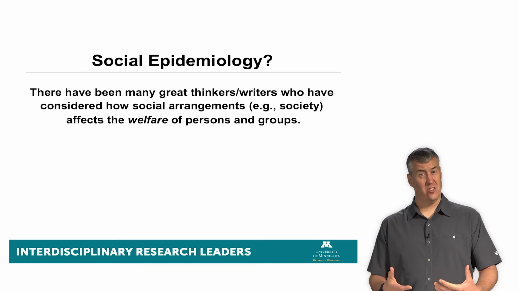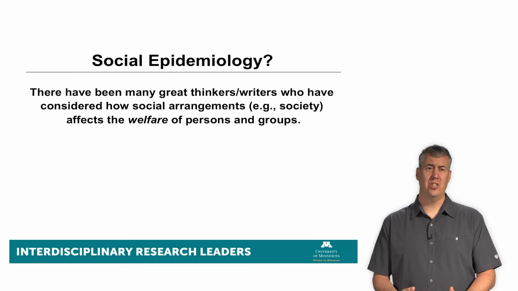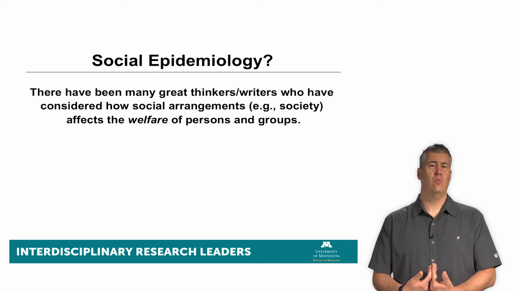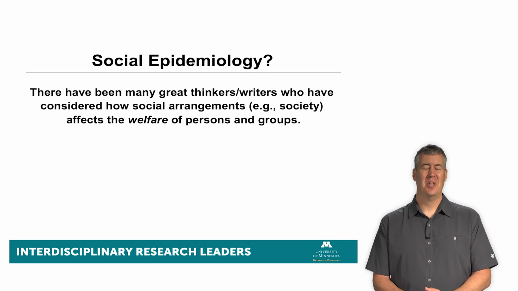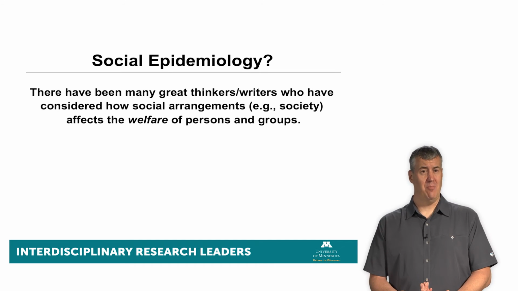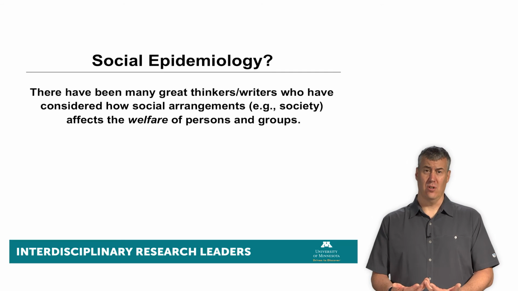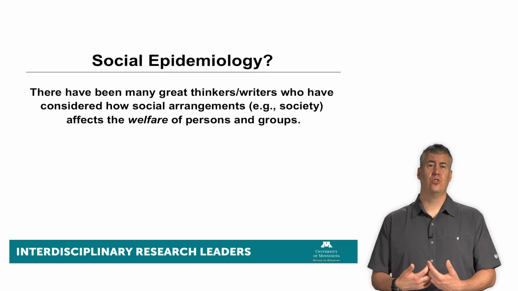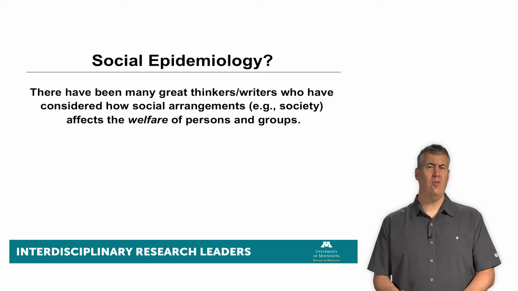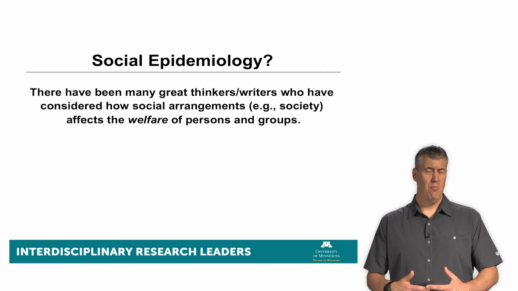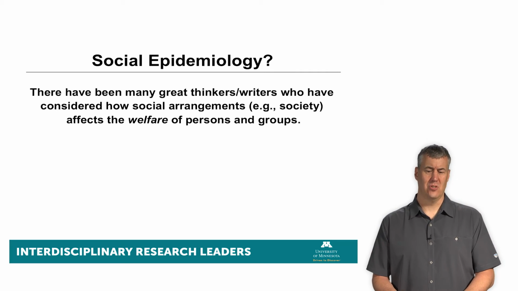This framework that sometimes we call social epidemiology, I want to make it clear that we in the IRL are not the first to have these ideas, that this stuff goes back a long time, certainly to the Enlightenment, where great thinkers were thinking about social arrangements and the welfare, not so much the health, but the welfare of citizens.